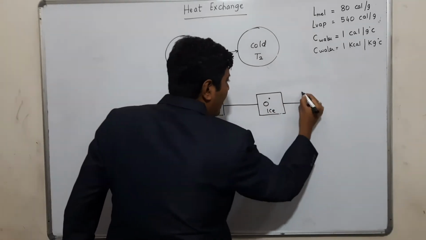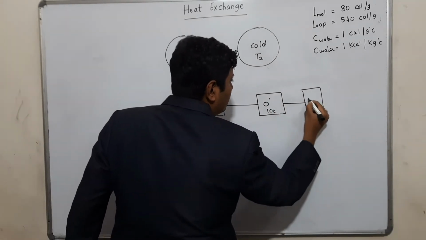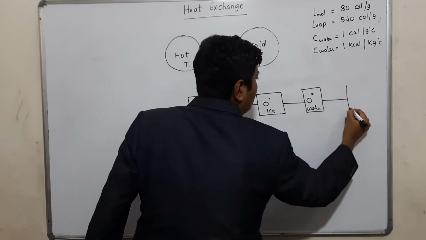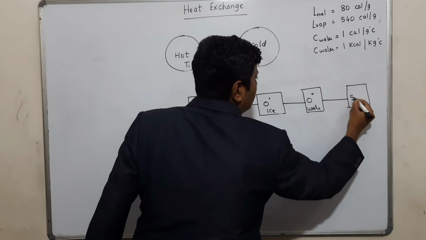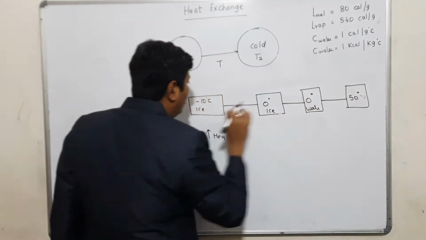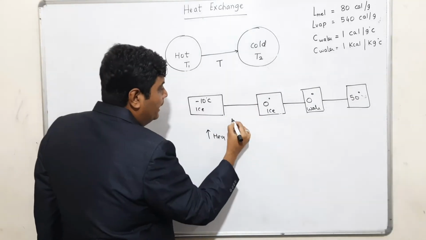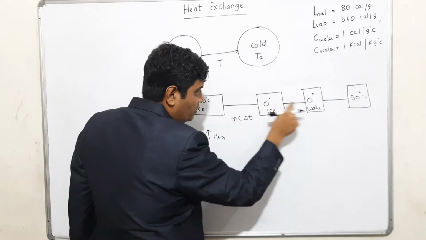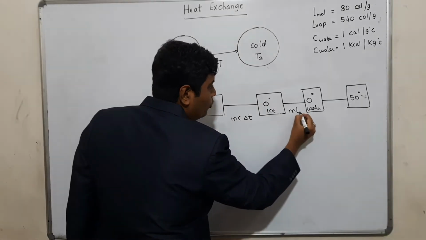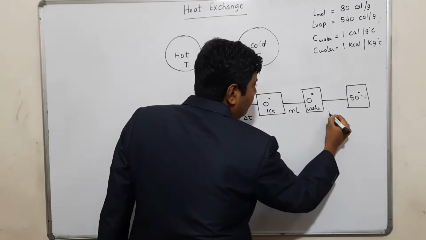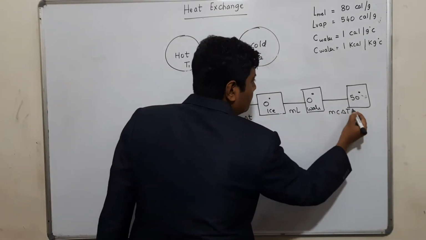Then from 0 degree ice, it will become 0 degree water. And then from 0 degree water, suppose it becomes 50 degree water. So what will be the heat involved from minus 10 to 0? It will be m c delta T. What will be the heat involved from 0 to 0? It will be m into L. Again, what will be the heat involved from 0 to 50? It will be m c delta T.